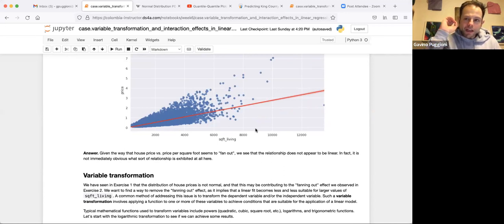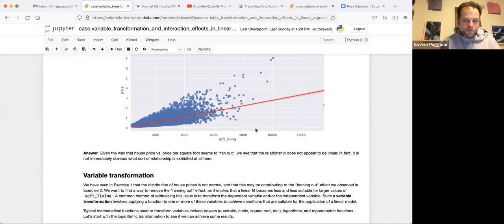And typically you would like a transformation that does not alter the order of the variable, but we'll see that there might be some exceptions. For instance, the logarithm is a classic because it preserves the order. It's an increasing function.